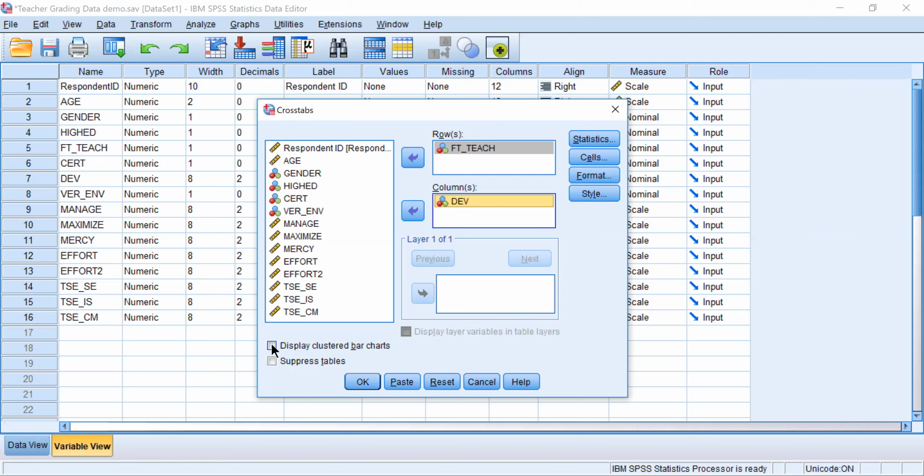There's a whole sub menu called graphs that has multiple ways of getting clustered bar charts, but they happen to be available under crosstabs. So I'm just going to get the depiction, both with numbers and charts, of full-time teaching by developmental level.